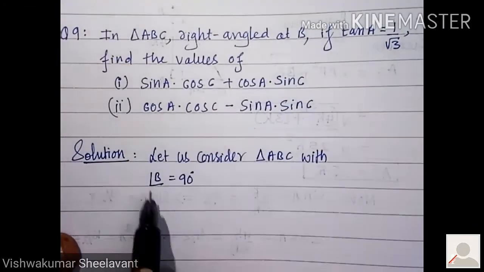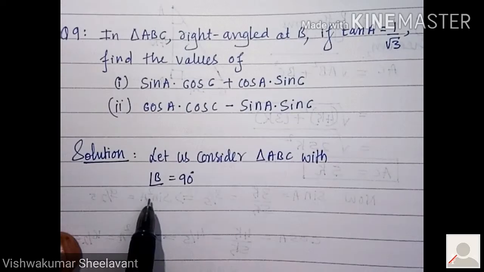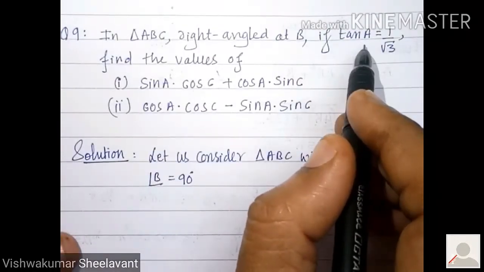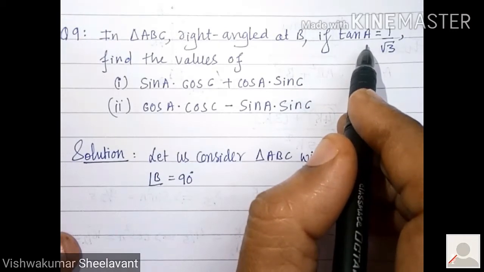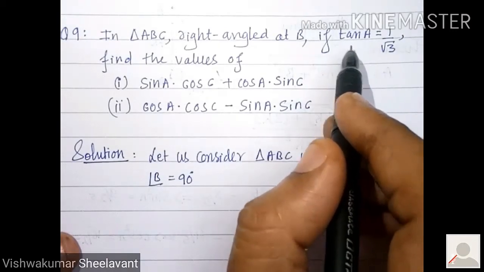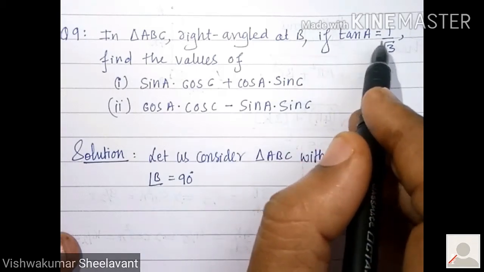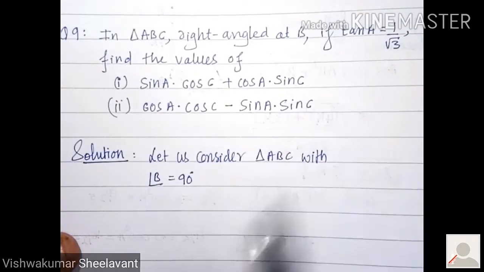Always I am taking angle B equal to 90 degrees, but you can take angle C equal to 90 degrees also. When tan A is given, you can take angle B or angle C as 90 degrees. If tan C is given, then you can take angle A or angle B as 90 degrees. Anyone.